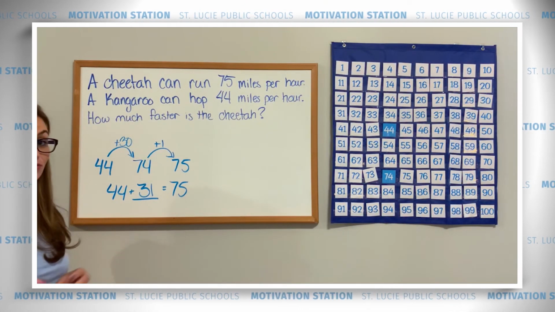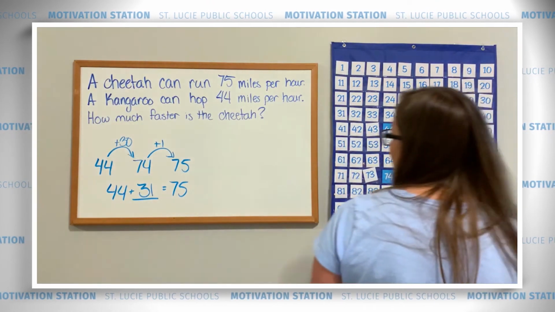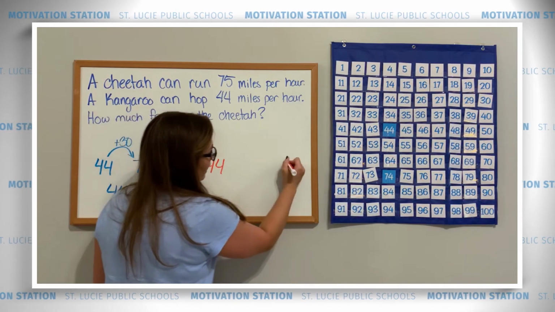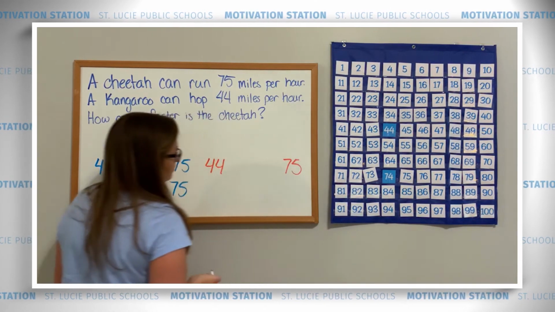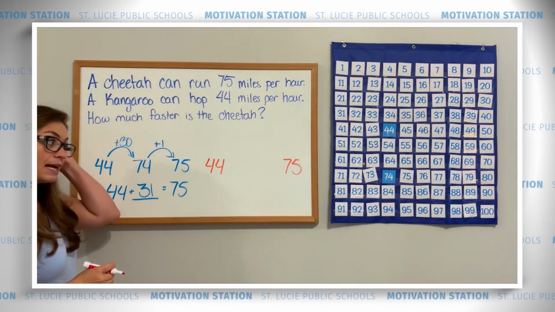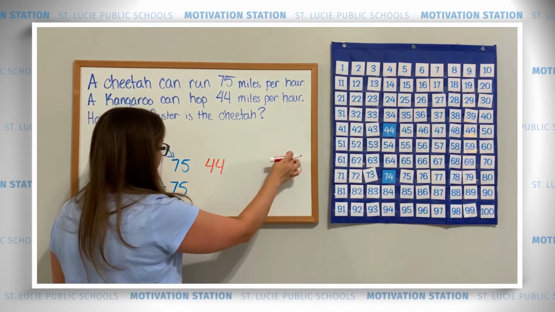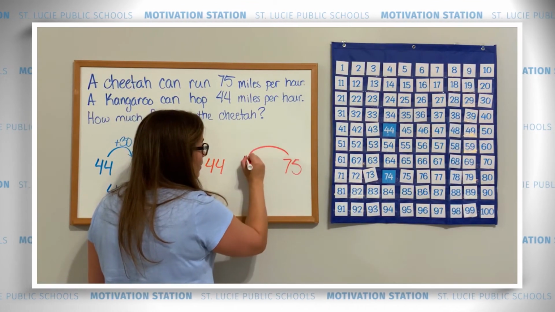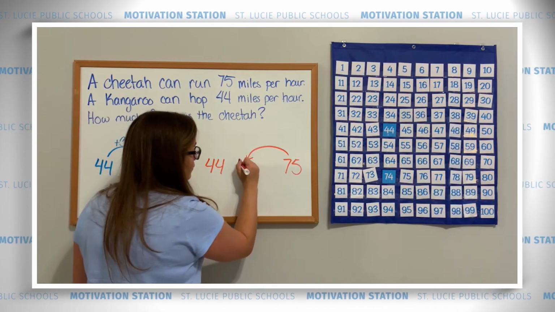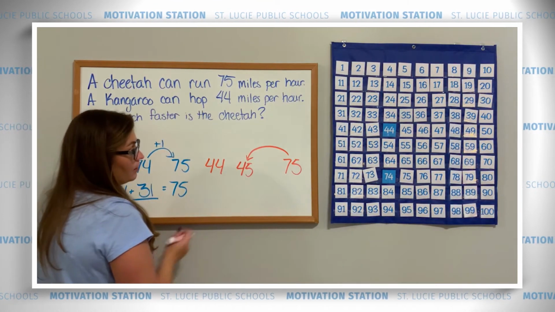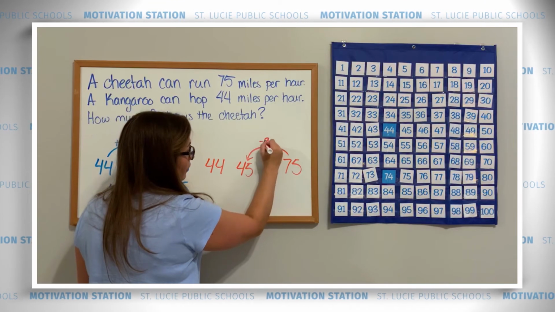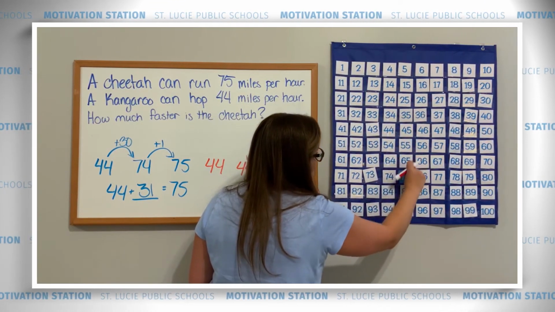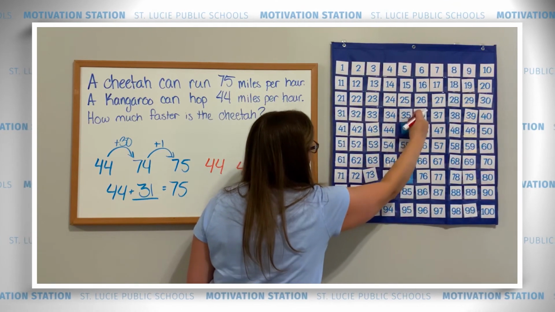But we can also do this with subtraction. For subtraction, we're still going to write down our 44 and our 75. Now, I could make the exact same jumps. I could go 75 to 74, but I could also do this in reverse. I could make a big jump first to get to 45. 75 minus 30. Let's take a look. 75 minus 10, 20, 30 is 45.